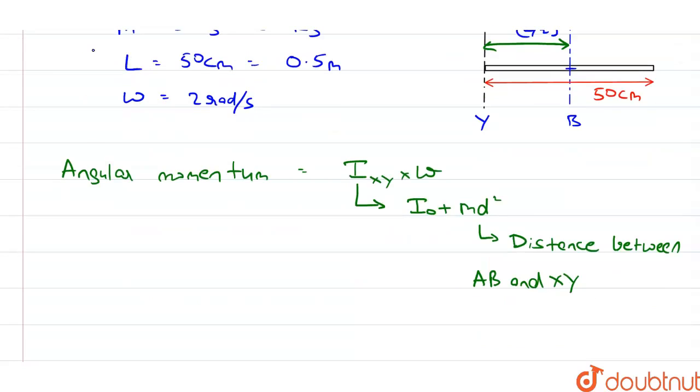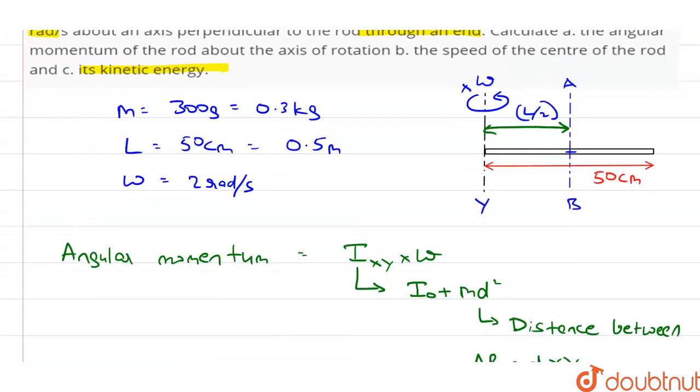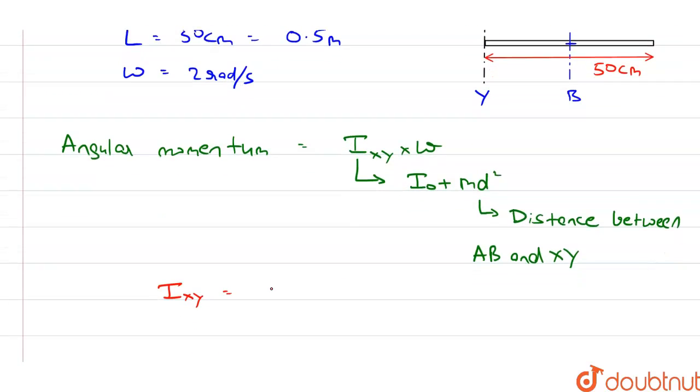So putting the values, we get Ixy is equal to the moment of inertia of a uniform rod about center of mass, which is ml square by 12, plus mass m into d, which is L by 2, square.